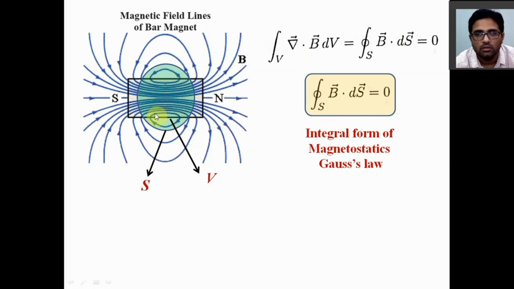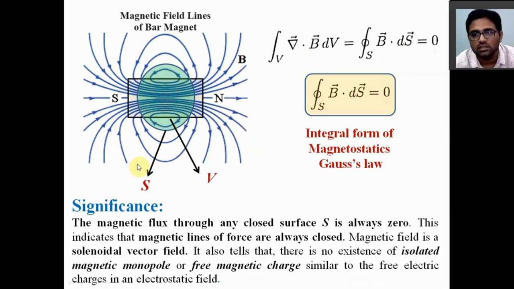Why is it happening? Because whatever field lines are going inside this surface are going outside. So the resultant flux will be 0. Now what does it signify? It tells that the magnetic lines of force are always closed. There is no open portion.